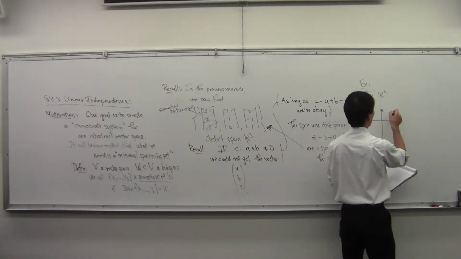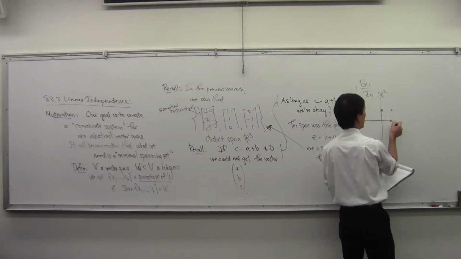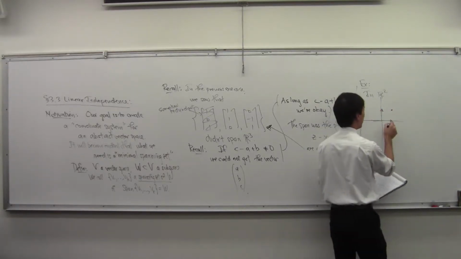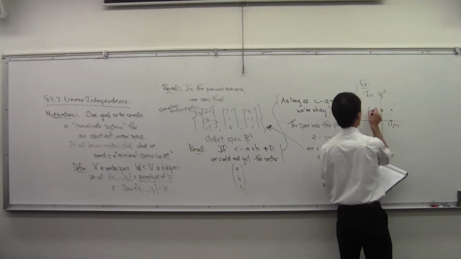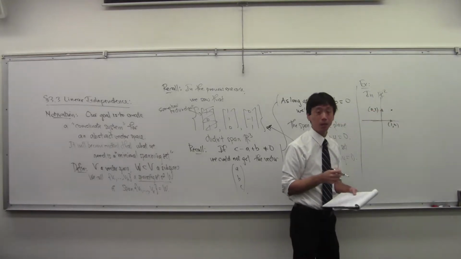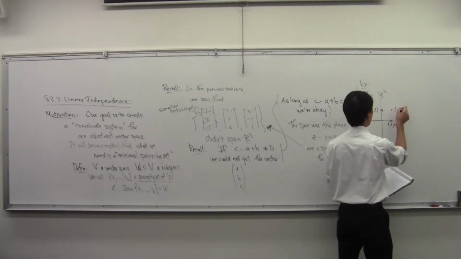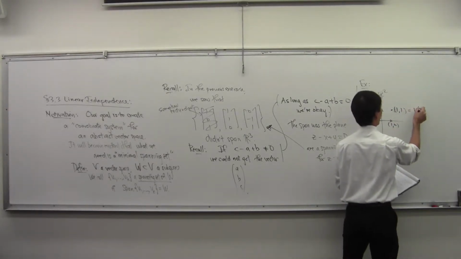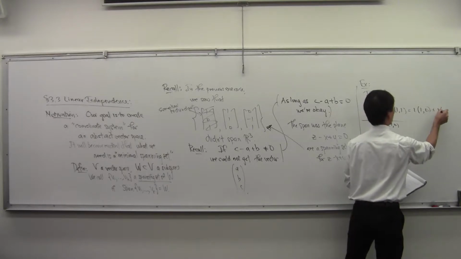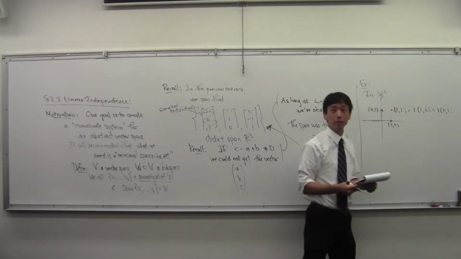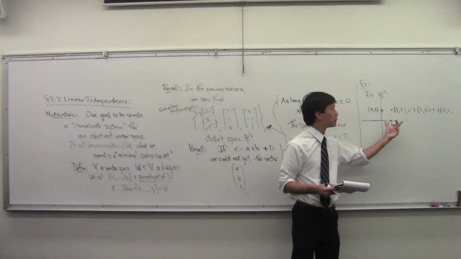You say, like, this guy is one of the first guy plus one of the second guy, right? So this is (1, 0), say, and this is (0, 1). This vector here, you see, is (1, 1). In other words, one of the first guy and one of the second guy.